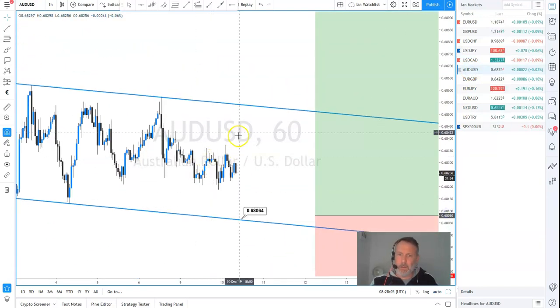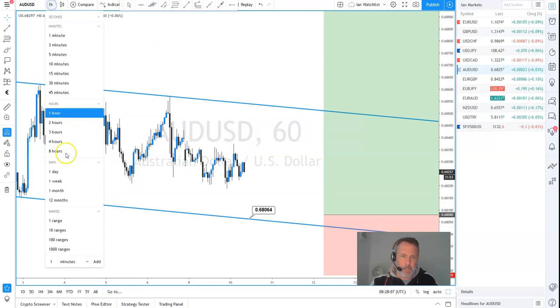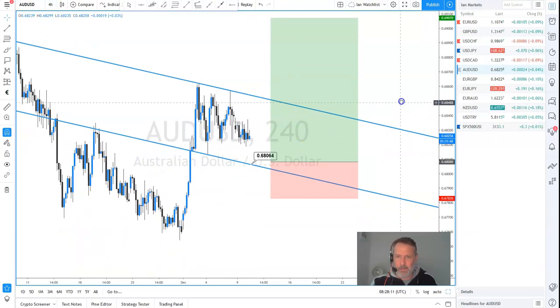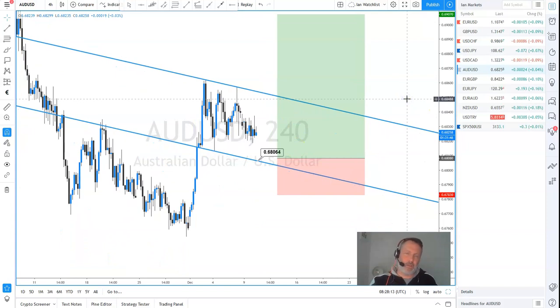Aussie dollar, probably my favorite pair if I had to pick a pair to try and get into this week, and not just Aussie dollar, but Aussie across a spectrum of different crosses. So Euro Aussie selling on rallies, sterling Aussie selling on rallies, as I already mentioned.